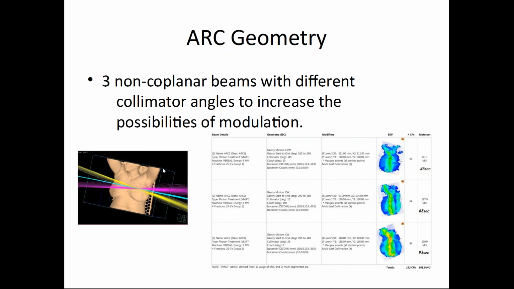I use three non-coplanar beams with reduced gantry rotation from 290 degrees up to 180, which was sufficient to irradiate correctly the target and spare the contralateral organ at risk.